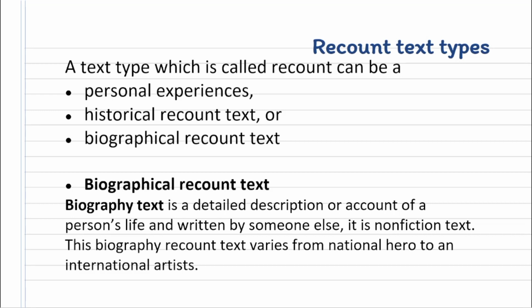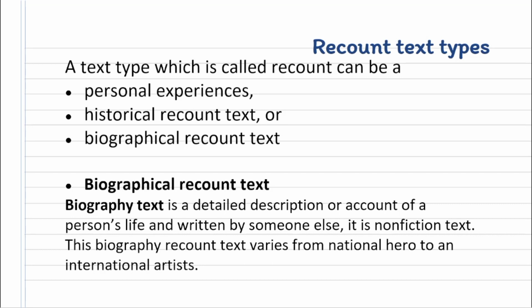Recount text types. The text type which is called recount can be a personal experiences, historical recount text, or biographical recount text. The one we just read is personal experiences. Okay, but now let's focus on biographical recount text.